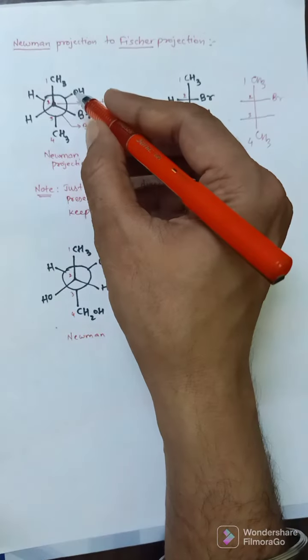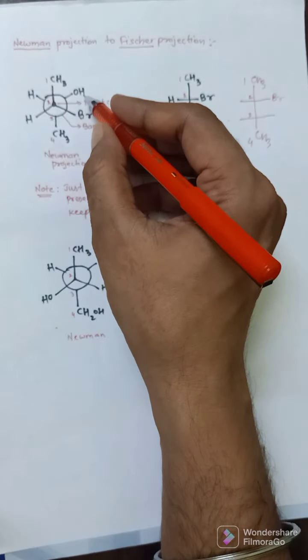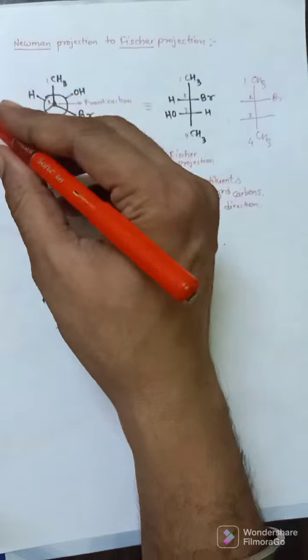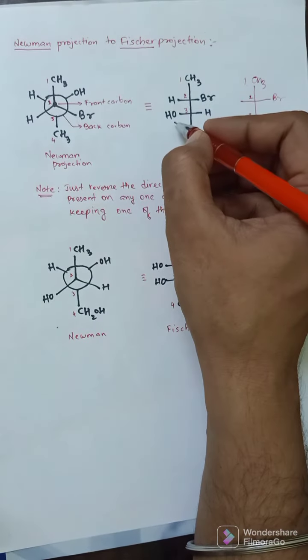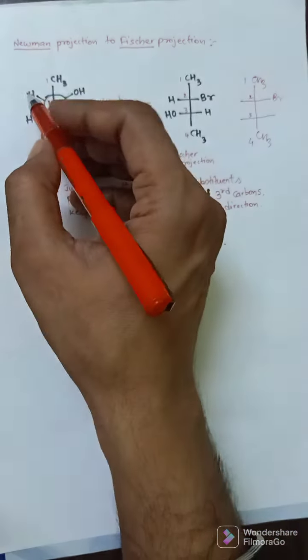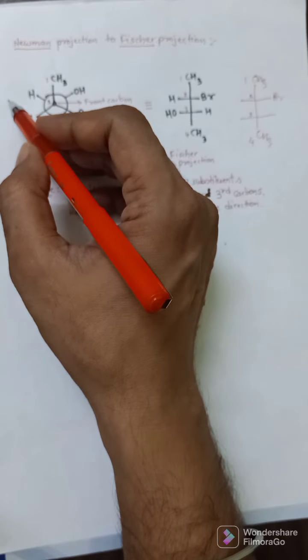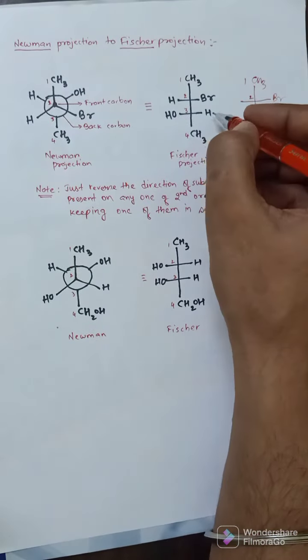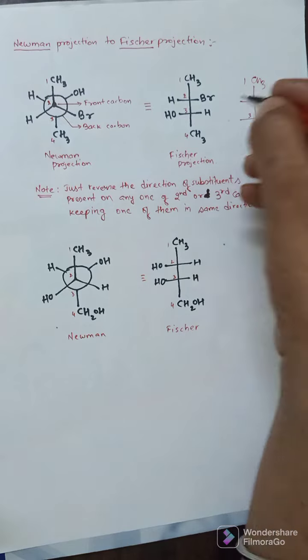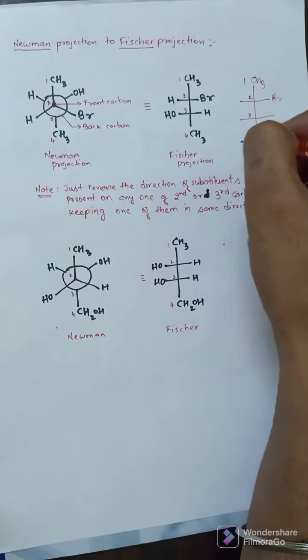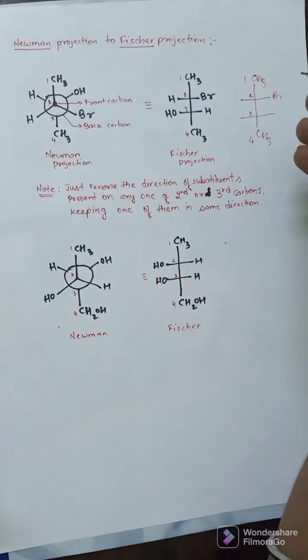So what will you do? We will just reverse the direction. We will keep OH on the left hand side, and this hydrogen, which is on the left hand side here, will go to the right hand side. Now this is your Fischer projection easily.